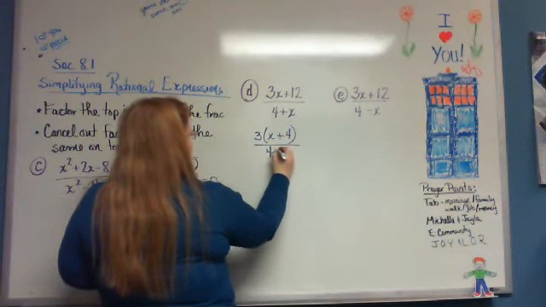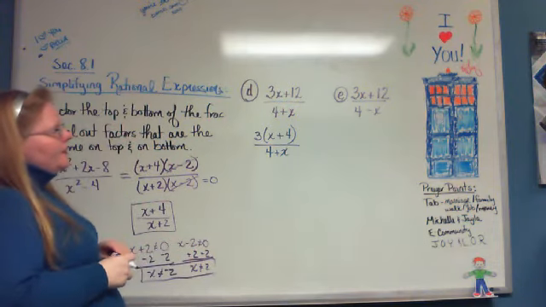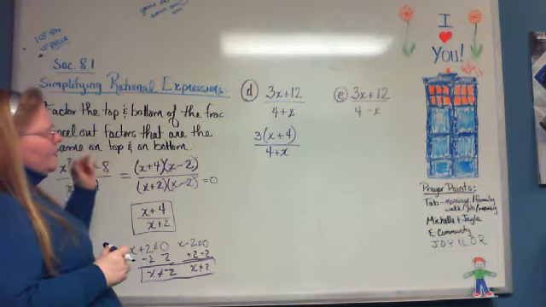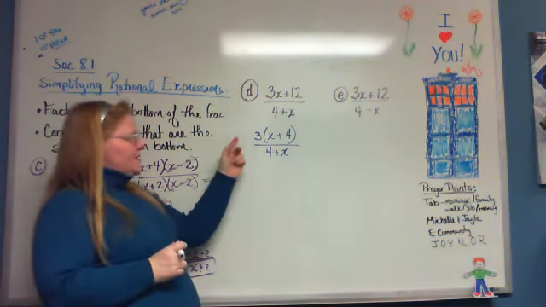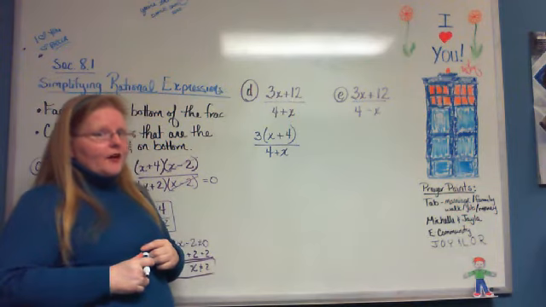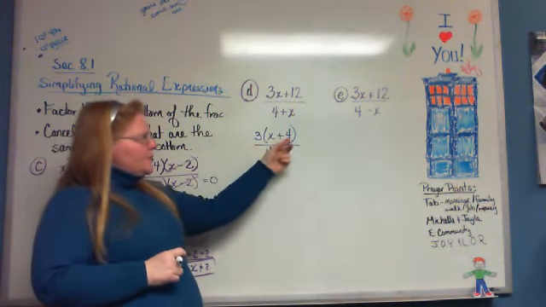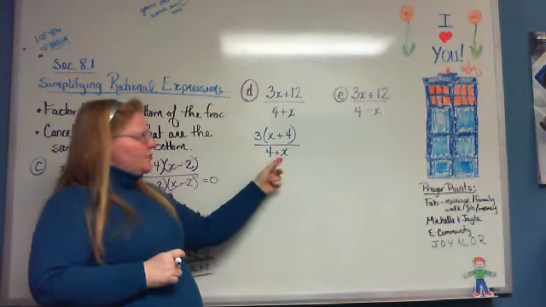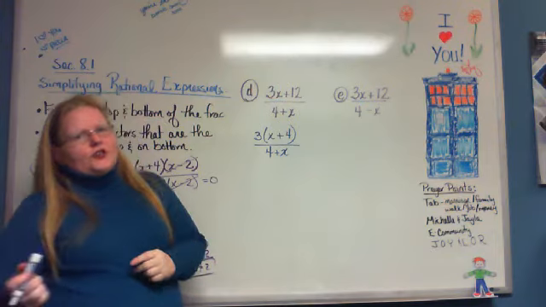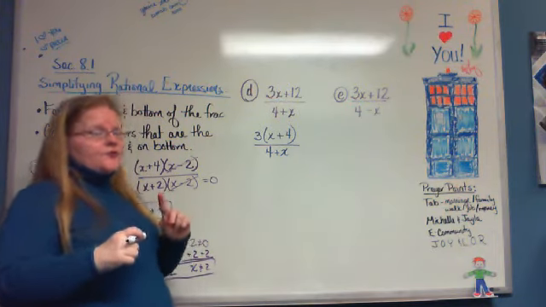The bottom doesn't factor. Now we're supposed to mark out things that are the same on top and on bottom. Do we have anything that's the same on top and on bottom? We do. I know that this says x plus 4 and this says 4 plus x, but you learned ages ago that addition had the commutative property, so we could rearrange those things.